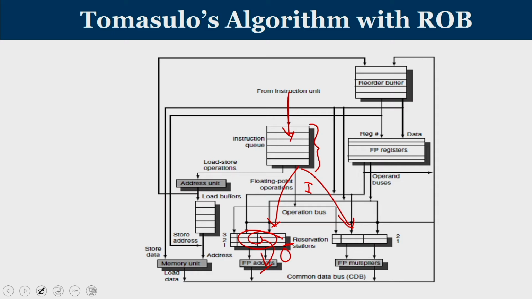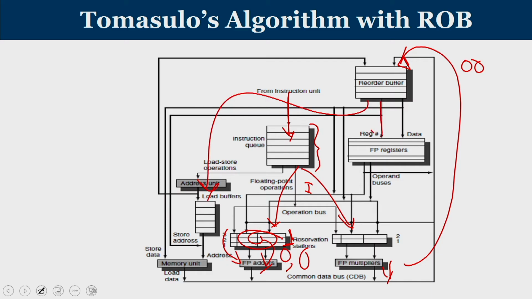All others after that in the reservation station can bypass it to enter into the functional unit. So, execution is out of order. Once execution is out of order, the time at which you write onto the common data bus is also out of order. So, the entry into the reorder buffer is out of order, but the entry from the reorder buffer all the way to memory and to the registers happens in order, and that is called commit.